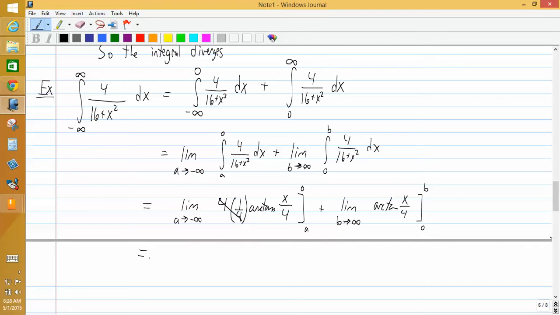Okay, so this is the limit as a approaches negative infinity of the arctan of 0 minus the arctan of a over 4, plus the limit as b approaches infinity of arctan of b over 4 minus arctan of 0.